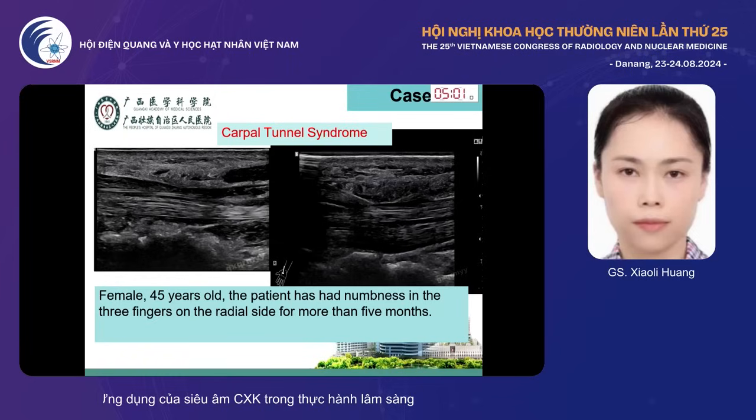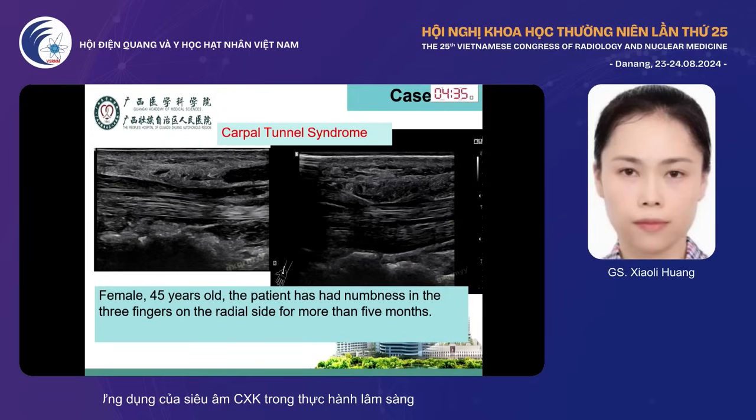Case 7, female, 45 years old. The patient has had numbness in the 3 fingers on the radial side for more than 5 months. Ultrasound shows that the median nerve is compressed and thin at the carpal tunnel, which is a typical carpal tunnel syndrome.